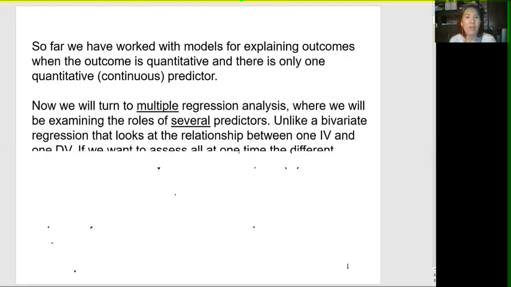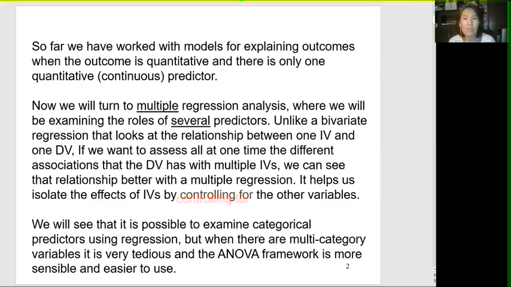So far, we have worked with models for explaining outcomes when the outcome is quantitative and there is only one quantitative predictor. Now we will turn to multiple regression analysis, where we will be examining the roles of several predictors.